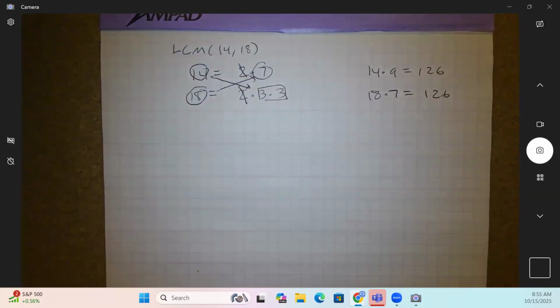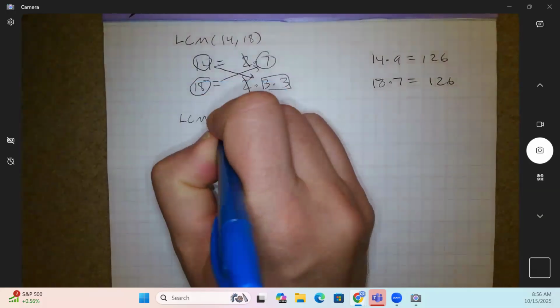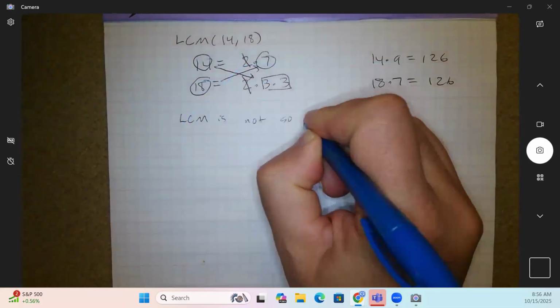If this looks like cross multiplication from the fractions thing, it's because it's exactly the same. The main reason that math teachers teach least common multiple is to apply that to the idea of adding or subtracting fractions. And here's the honest truth. Least common multiple is not so useful.